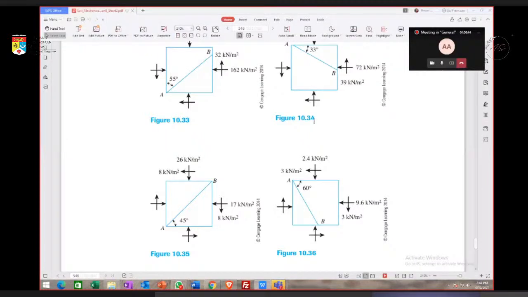We try to minimize the face to face contact hours since COVID-19. So each group has 1 day, and you need to divide among the members who is going to do the direct shear, who is going to do the triaxial, and who is going to do consolidation.